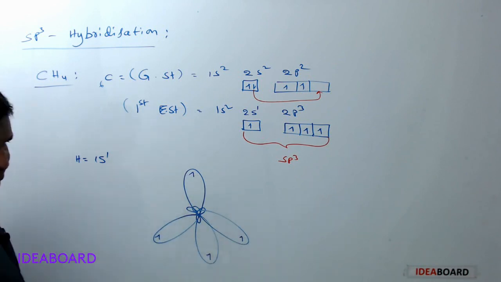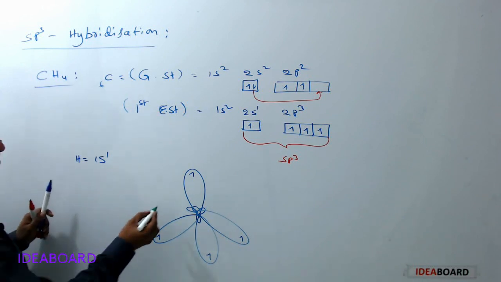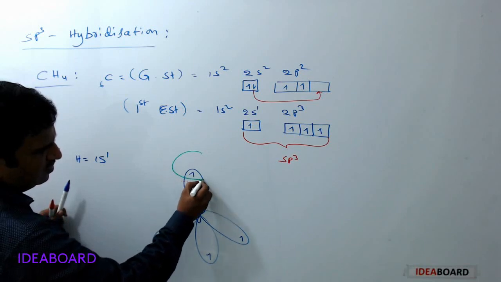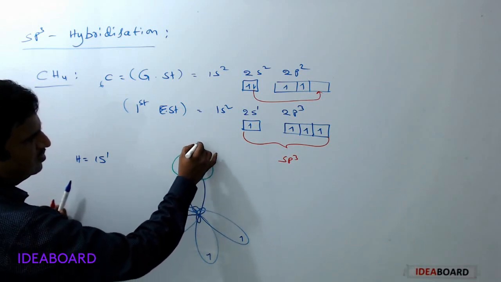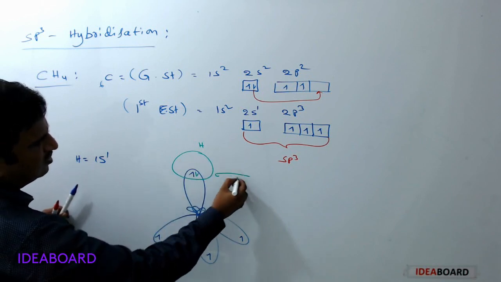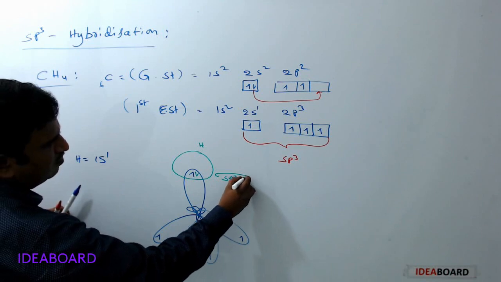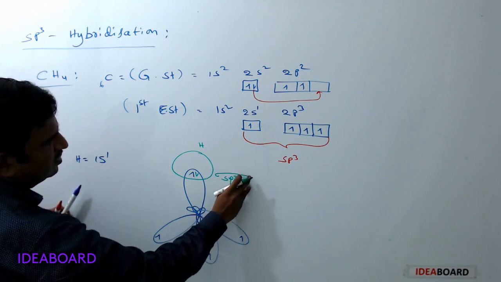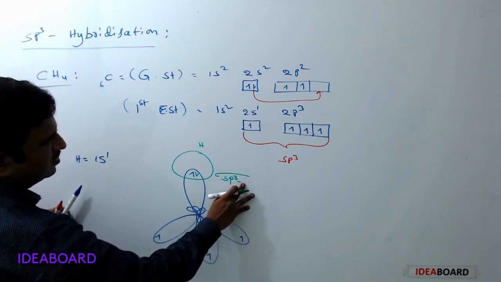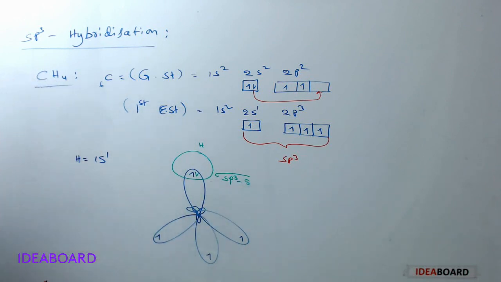Now the hydrogen 1s orbital is spherical. I am writing the hydrogen 1s orbital, and it forms a sigma bond, sigma sp3 s bond, not p. It is sigma sp3 s because the hydrogen orbital is an s orbital.